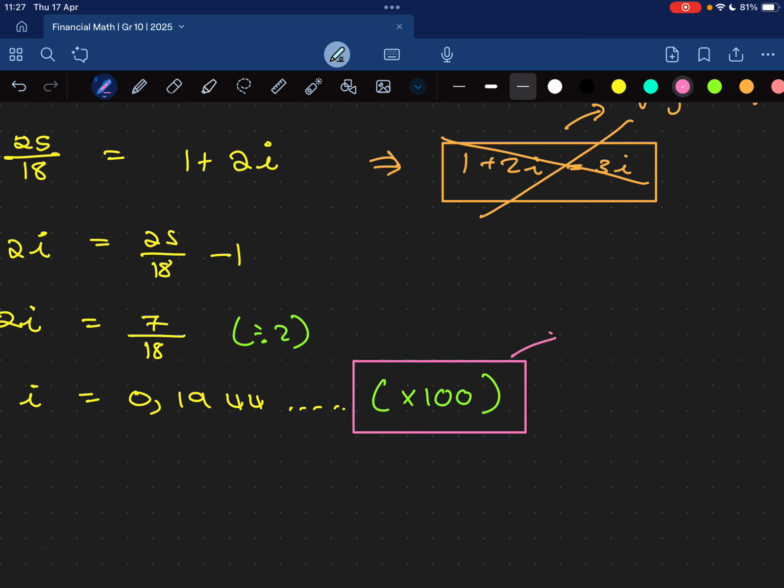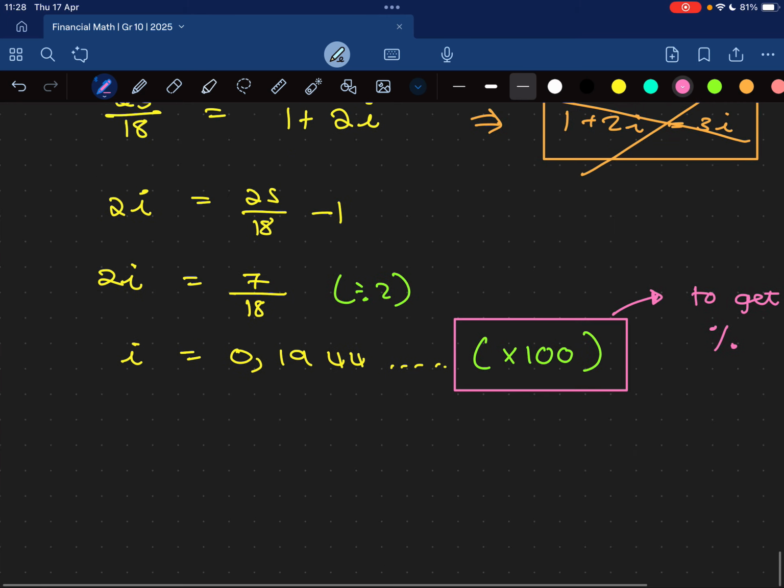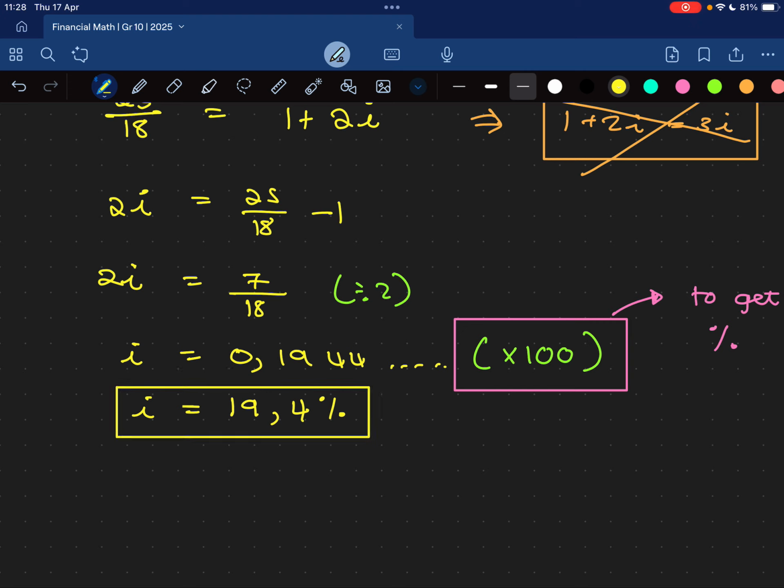So you must do this to get percentage. So if you multiply that by 100 and it's set to one decimal place, you'll get an answer of 19.4%. Okay, that is the actual interest that you have.